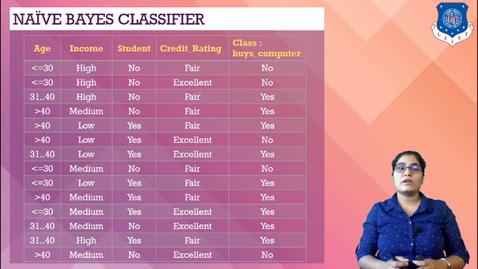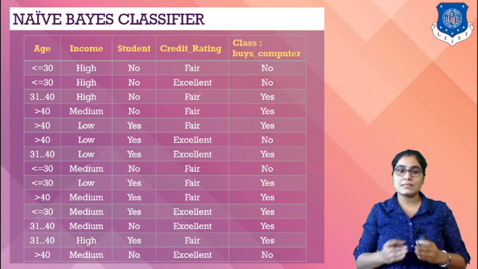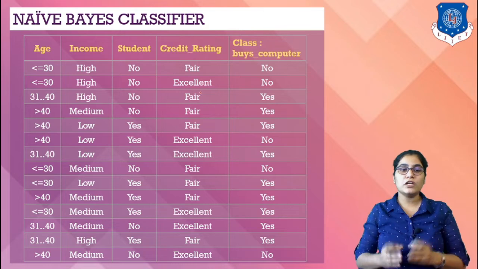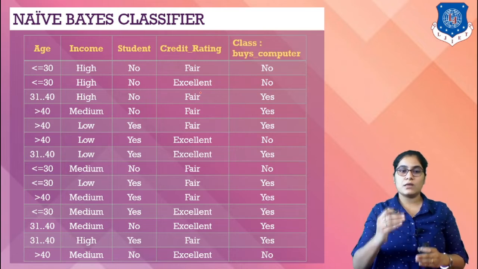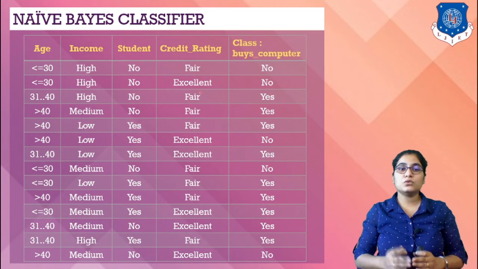Here we are trying to predict whether the customer will buy a computer or not, and that is why the value of the class label would be yes or no. The value of the age attribute would be any of three: less than or equal to 30, 31 to 40, or greater than 40. The value of the income attribute would be one of three possible values: low, medium and high. The value of the student attribute would be yes or no, and the value of the credit rating would be either excellent or fair.